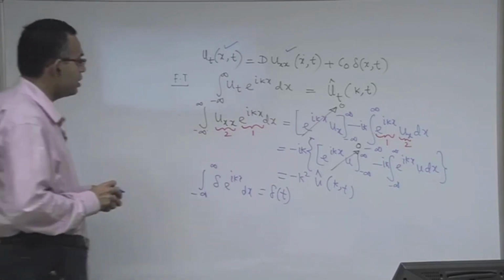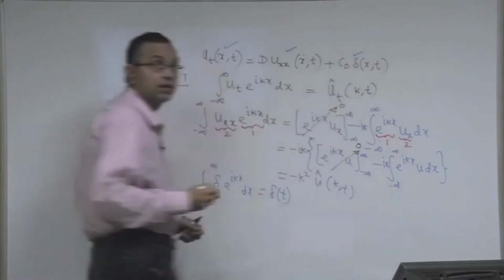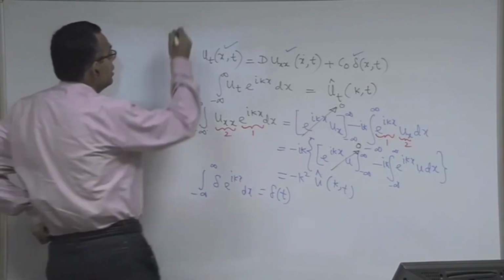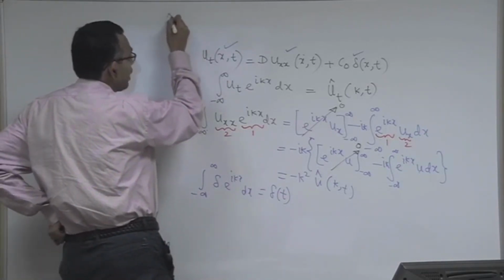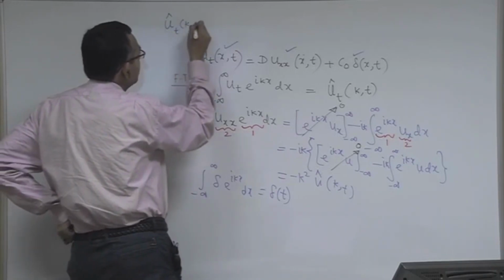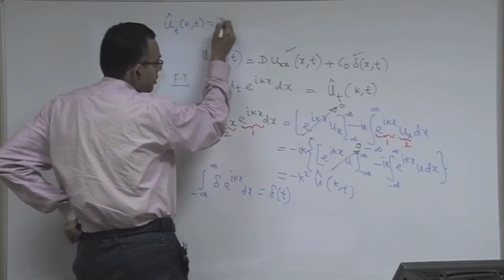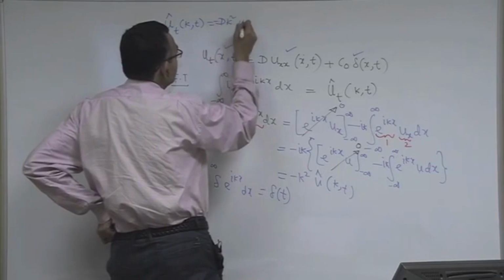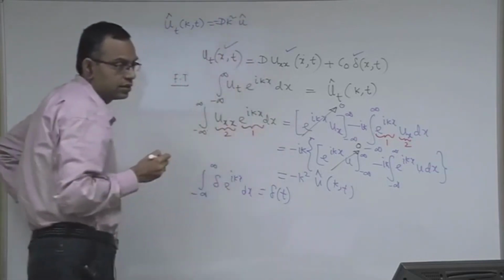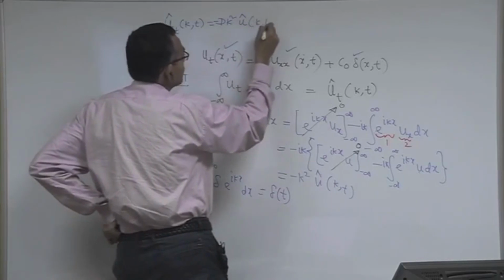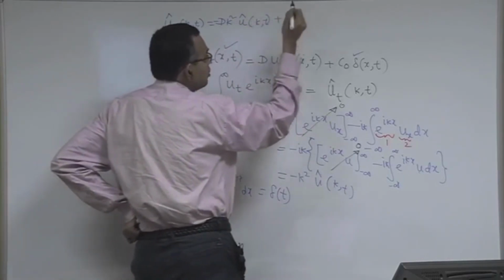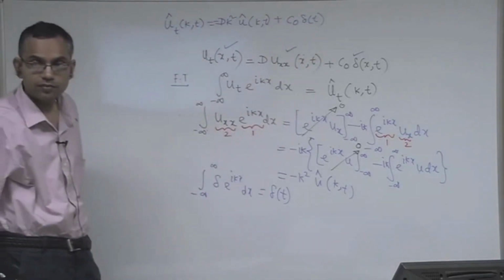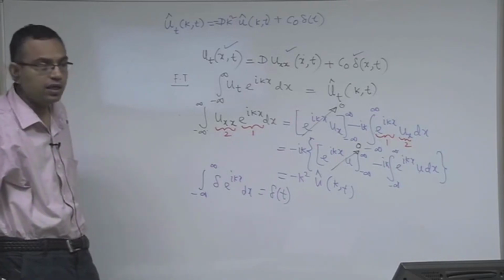So our governing equation, if you now combine all these three terms, after taking the Fourier transform, you will get u hat t k t is equal to minus d k square u hat k t plus C0 into delta t, right, taking the Fourier transform.